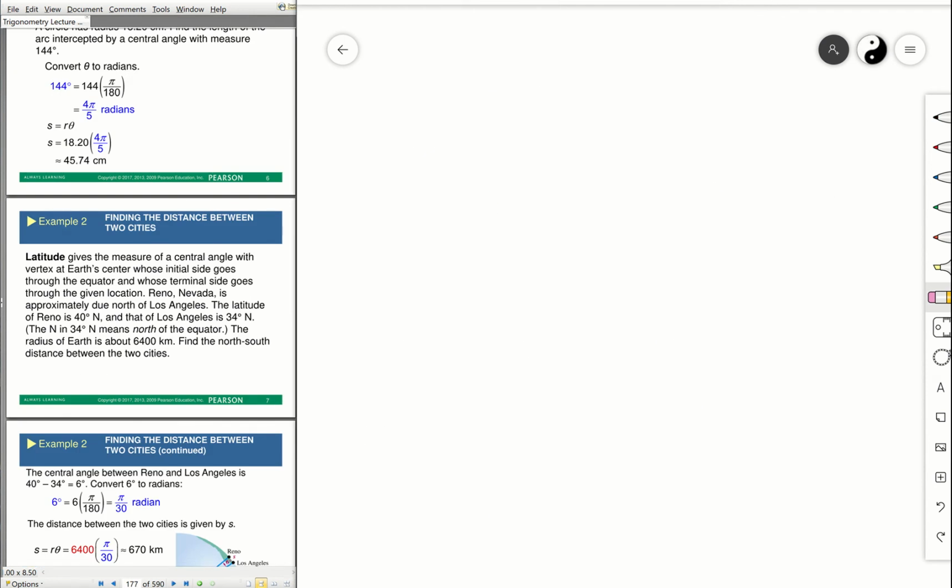Okay, let's take a look at another example that you can see on the left of the screen, example 2. It talks about latitude, which gives the measure of a central angle with vertex at Earth's center, whose initial side goes through the equator and whose terminal side goes through the given location.